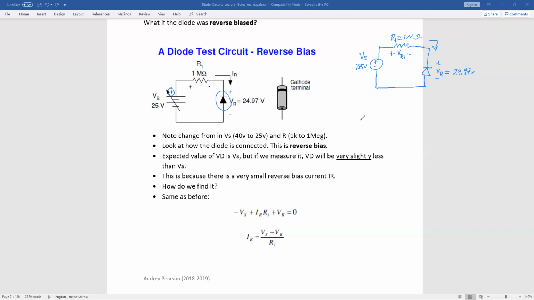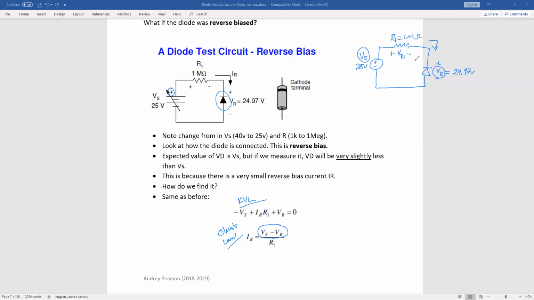All right, so we're using the same general approach. This is KVL, and this is Ohm's law. So KVL is used to find this relation right here. And this is the voltage source minus the diode voltage.